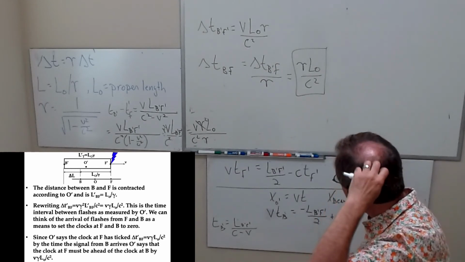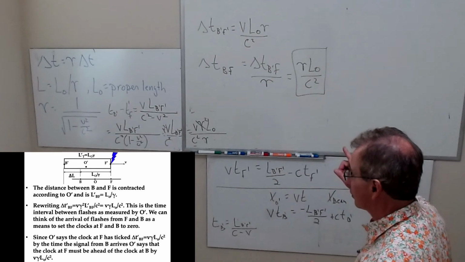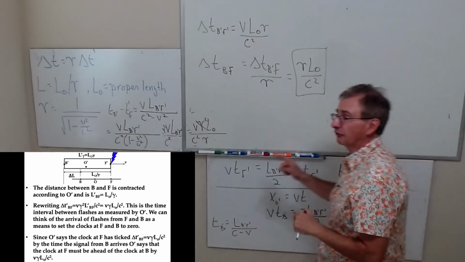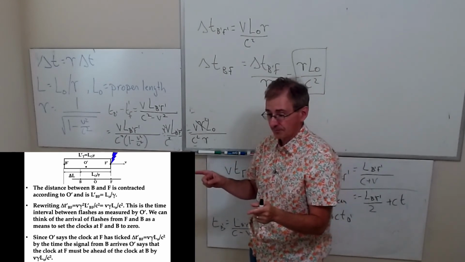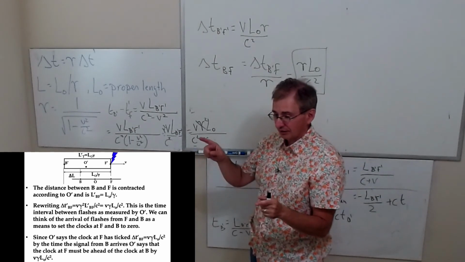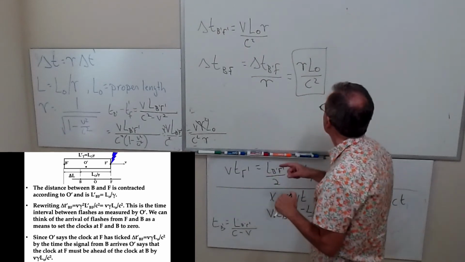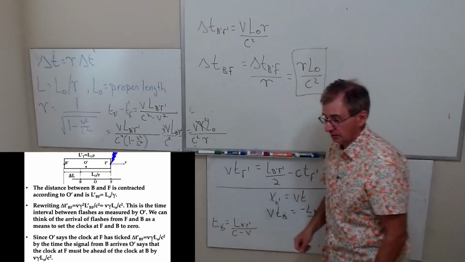And in fact, since the wave from the front of the train reaches O prime first, then the clock in the front is ahead of the clock in the back by this much.